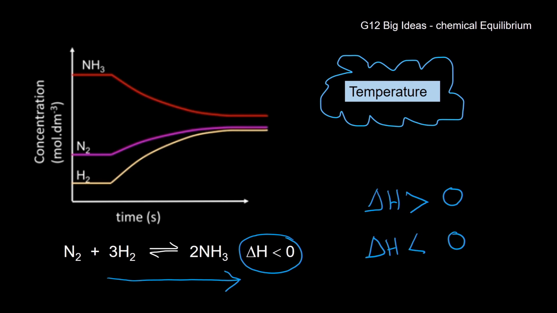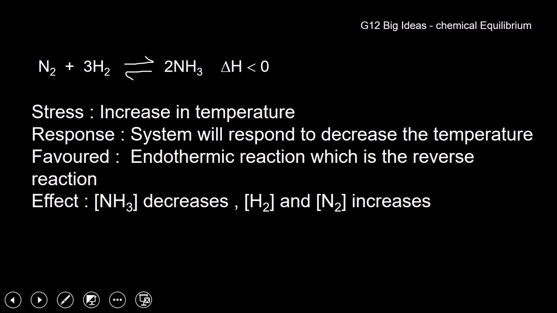The reaction that's going to use up the heat is going to be favored, and so that is going to be the reverse reaction. The reverse reaction is endothermic. That's going to absorb the heat, the increase in temperature, the energy, and so the reverse reaction is going to be favored. In terms of Le Chatelier, this is how we write it.